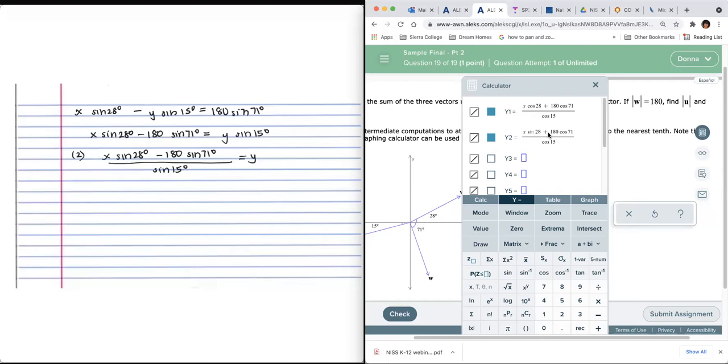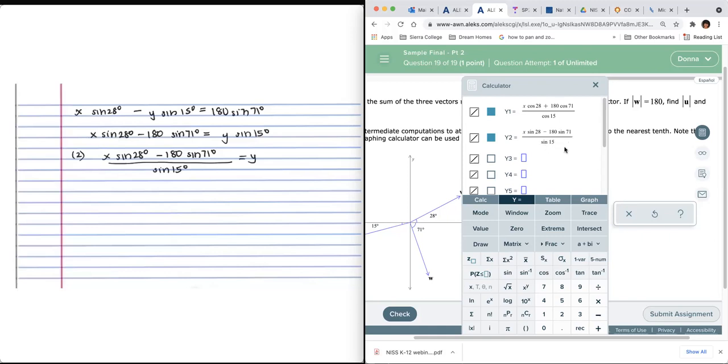This one's going to be negative, so make sure I make that a minus 180. Again, I'll put my cursor in front of the 71 and change that to S, which changes it to sine. Put my cursor in front of the 15, delete, and hit S, and that puts in the sine. So now I have my two equations, and I'm just making sure that they match up.